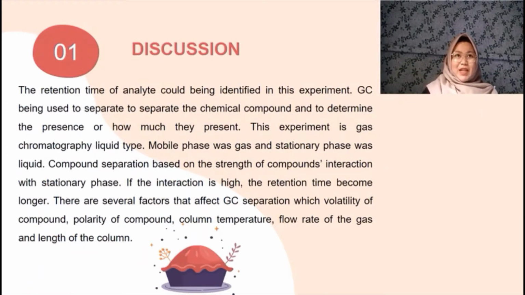Through the experiment, the retention time of the analyte ethane 1,1-CBs could be identified by using the gas chromatography method. Gas chromatography is the most common method used to separate the chemical compounds of a sample mixture and then detect them in order to determine their presence and how much is present. This experiment involved the gas-liquid chromatography type, where the mobile phase was gas and the stationary phase was liquid.